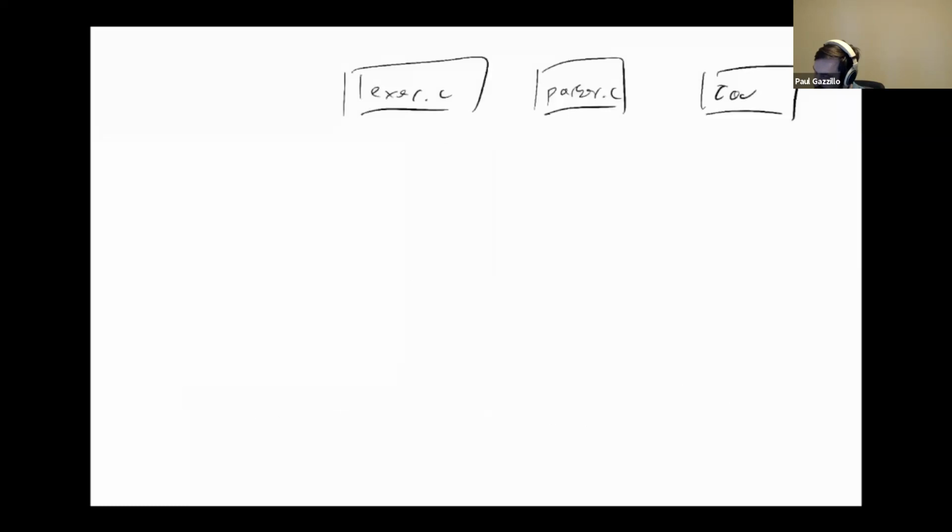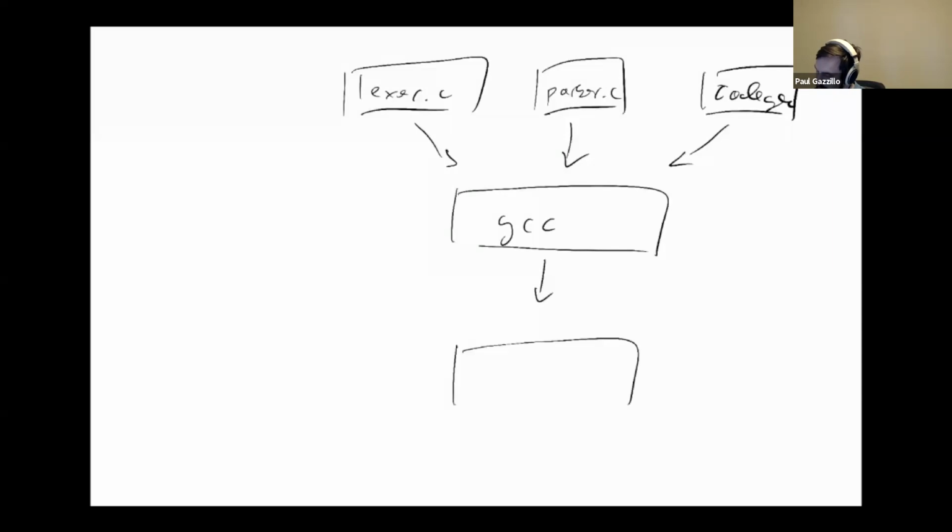So we had 3 phases in our compiler, all written into 3 individual C files, and all being compiled with GCC to give us our toy compiler. And our toy compiler would take in a .toy file and produce a .s file.